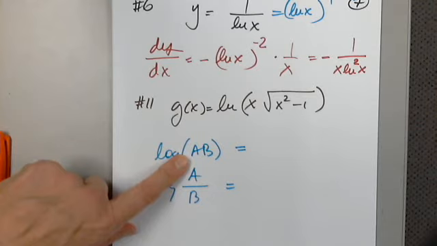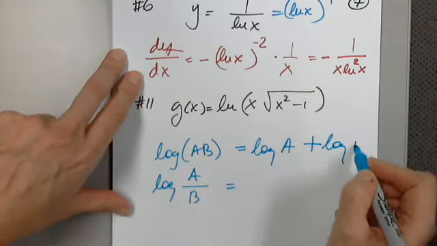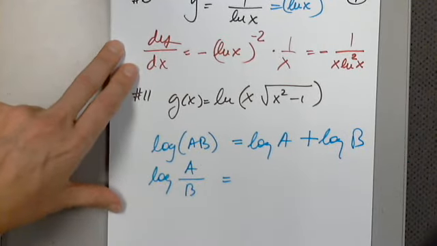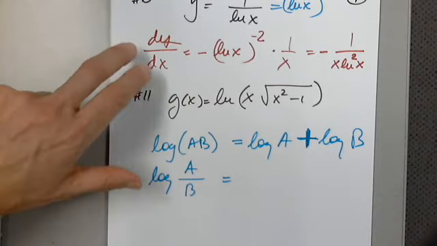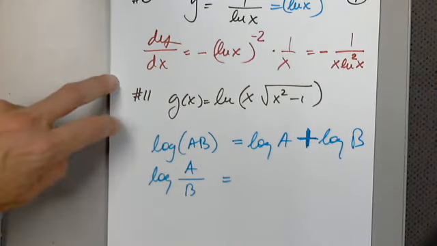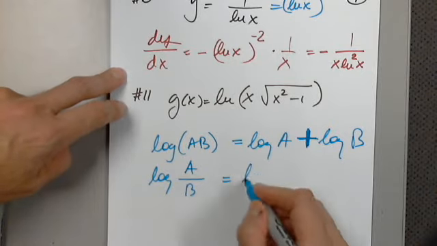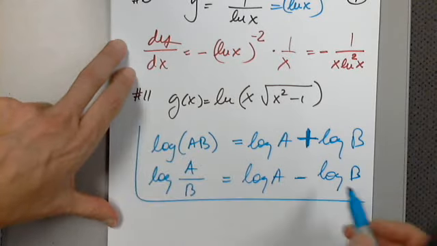Exactly. Log A plus log B. So log applied to a product changes into a sum of logs. Good. Now, log applied to a ratio. Exactly, a difference of logs. Awesome. So please remember these two properties.